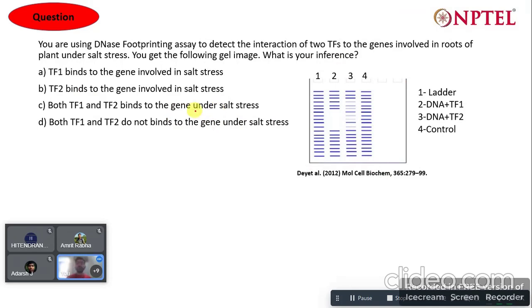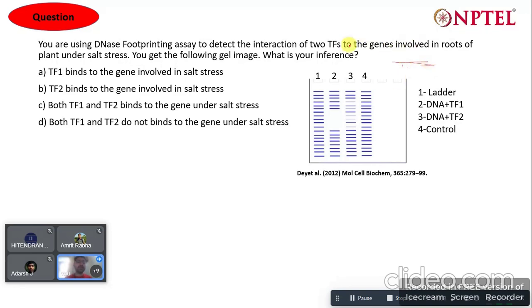You are using a DNA footprinting assay to detect the interaction of two transcription factors with the genes involved in the root of a plant under salt stress. We are looking for a gene involved in the roots of plants under salt stress, and we find that two transcription factors can bind to this gene under salt stress.